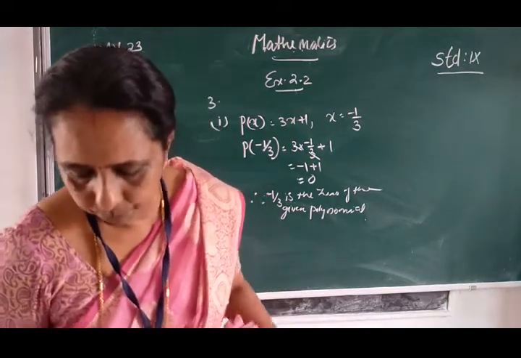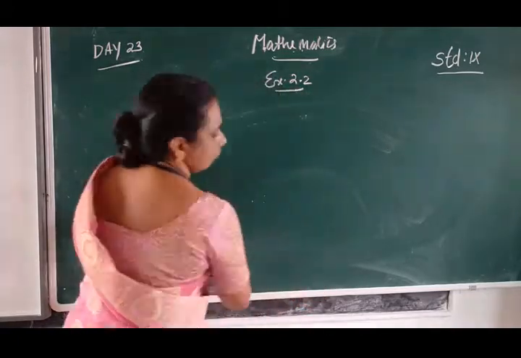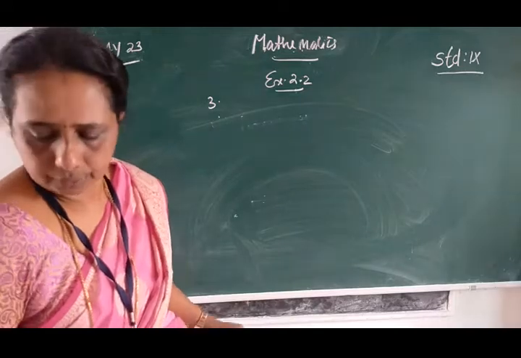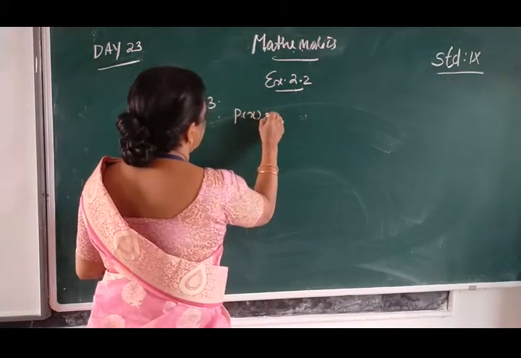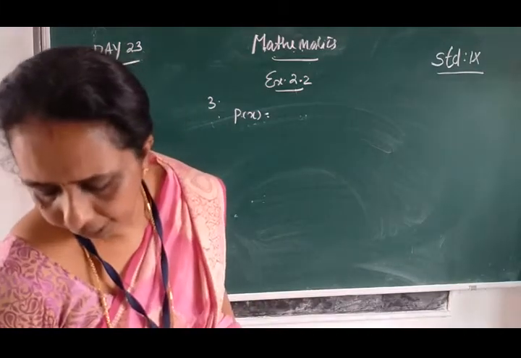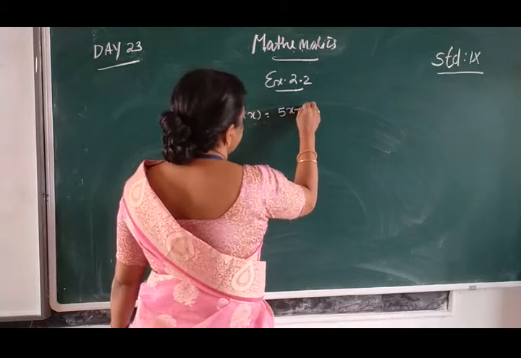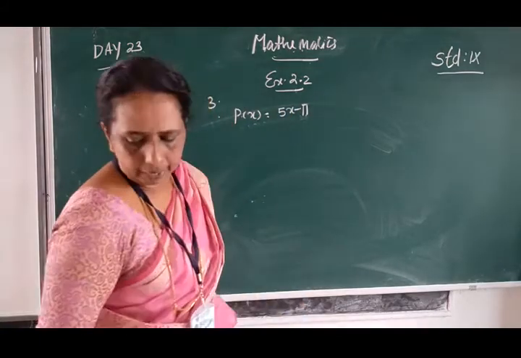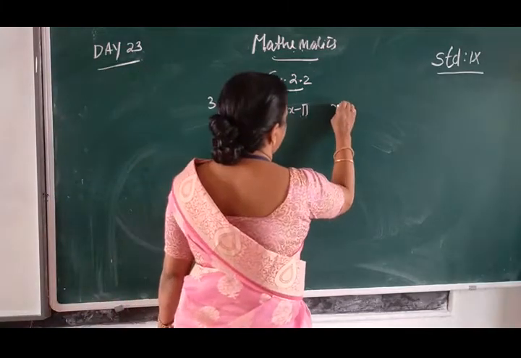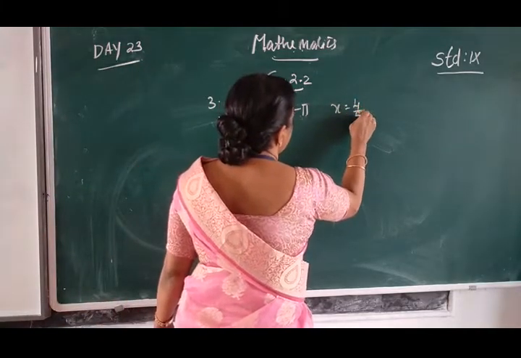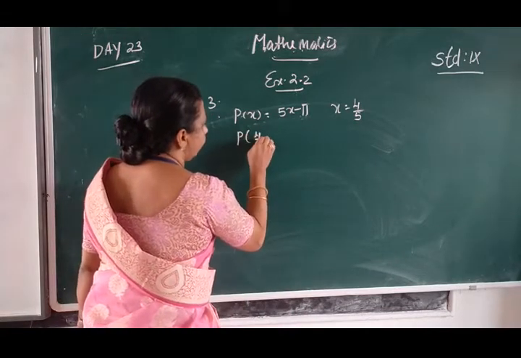The second question is p of x is equal to 5x minus 5, where x is equal to 4 by 5. So we have to put in the place of x that value 4 by 5.